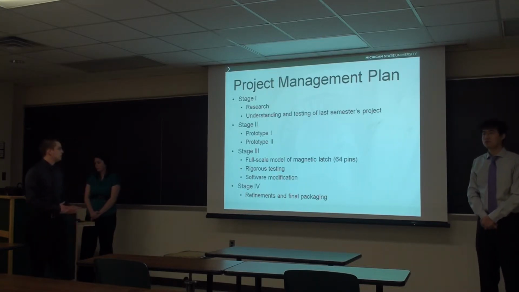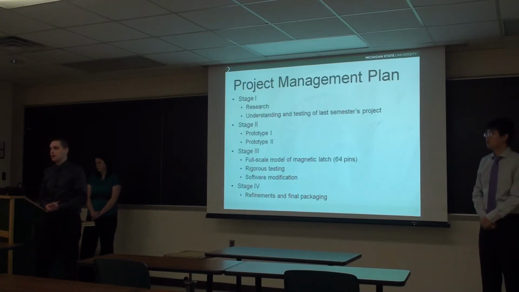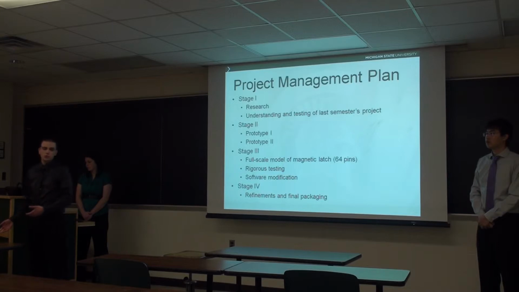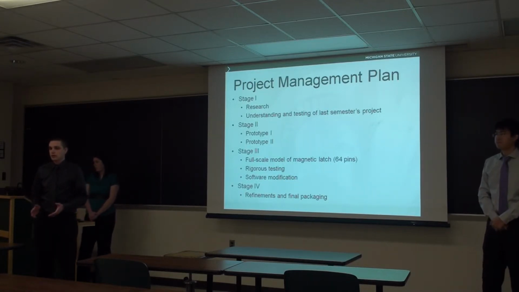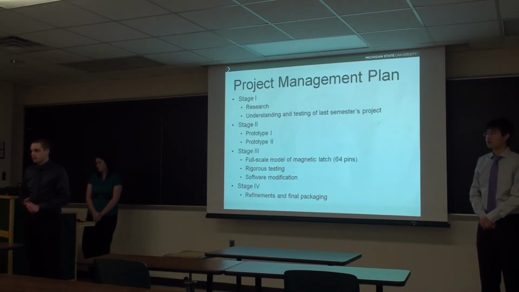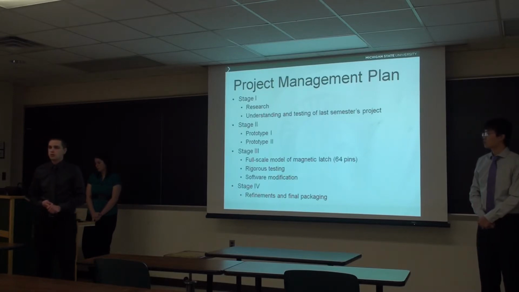We're currently in stage 3, which involves the full-scale implementation of our chosen solution, and then testing on that device. And then we need to modify the software that was used from last semester to incorporate the larger matrix. Stage 4 will be the final part, which is the overall finishing of the product and getting it ready for designers.